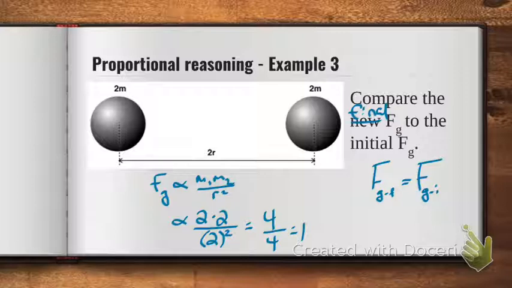So then that means the size of our forces is simply as big as the first one. Okay, so we doubled the mass, we doubled the distance, but we did not double the amount of force that each one is acting on the other.